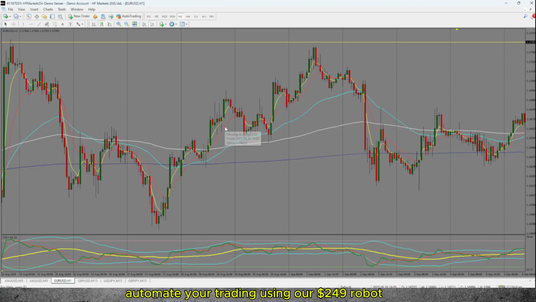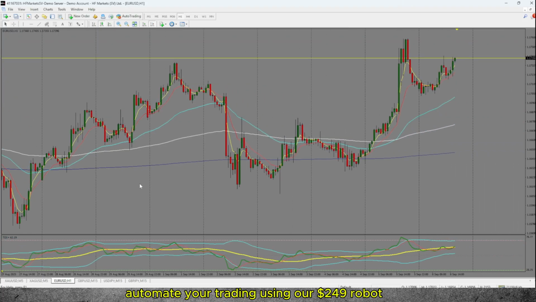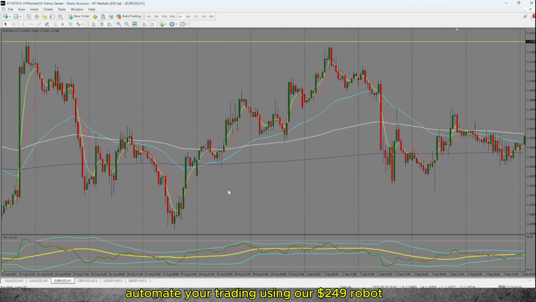All right, so what we are going to do is we have the 200 in white, the 50 in blue, the 13 in red, and the 5 in yellow. So I am going to show you how you are going to be doing it. We can see that we have this particular point on the charts.